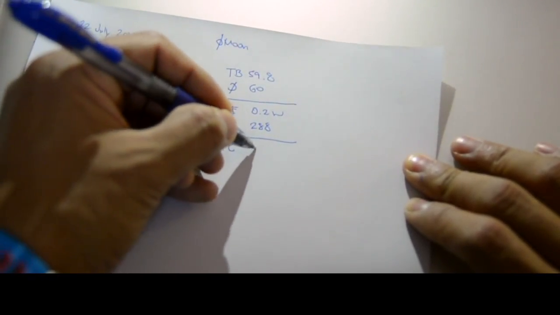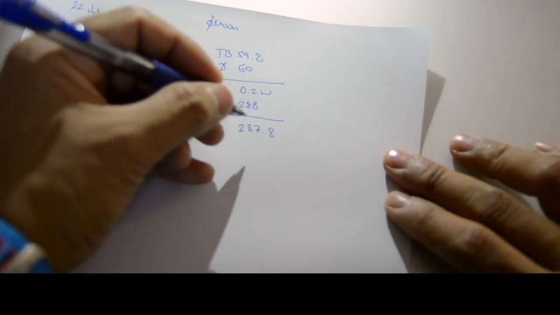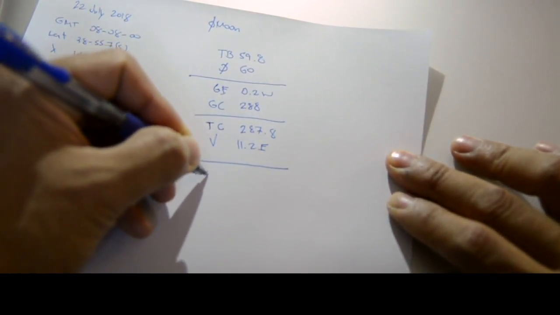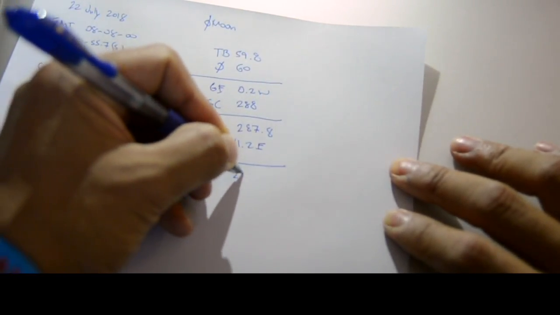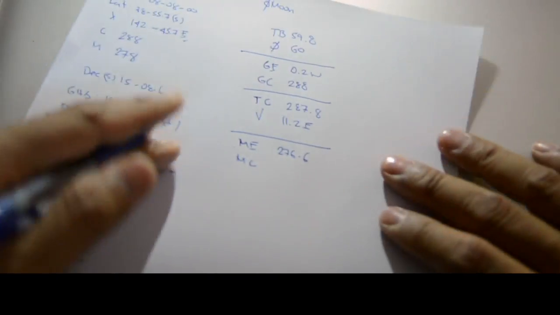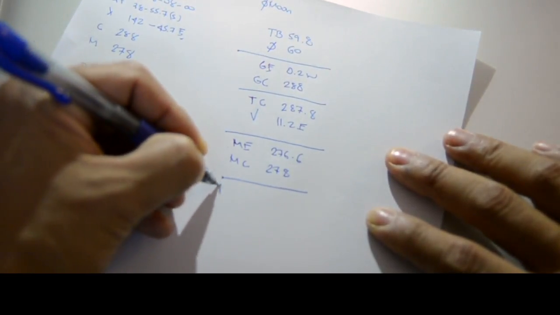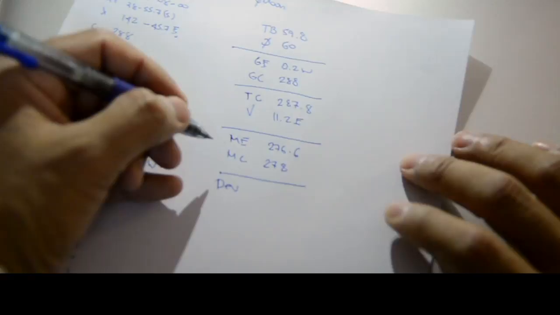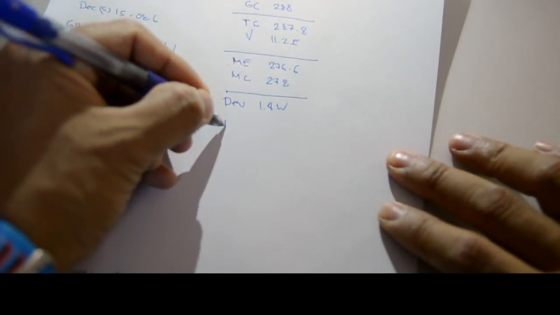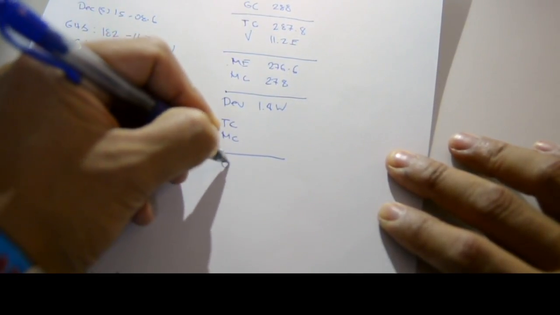So 287.8. Variation, for example 11.2 east, gives magnetic 276.6. Then magnetic compass 278. Then deviation is 1.4 west.